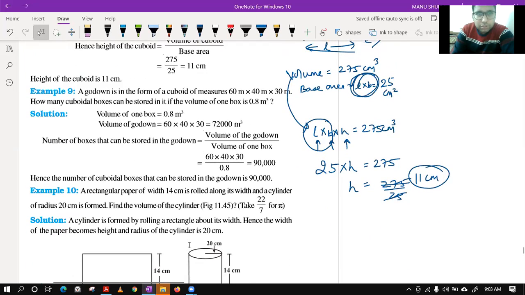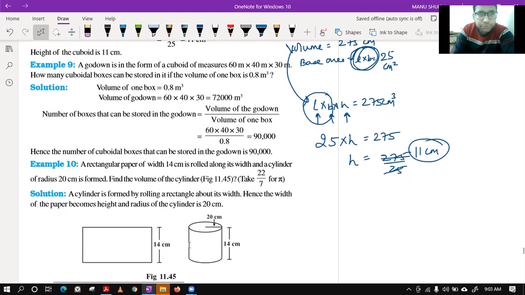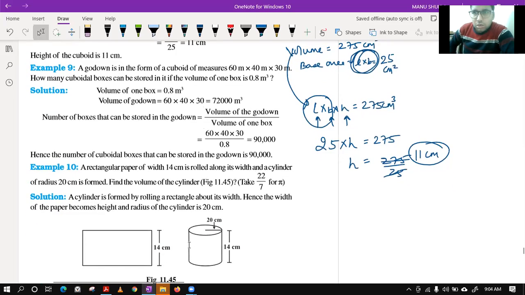Okay, so let's see example number 9. So for what do we use this? For division only we can use this. This is your backslash. Okay, sorry, this is your forward slash.